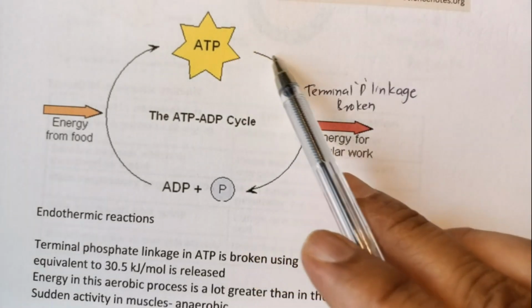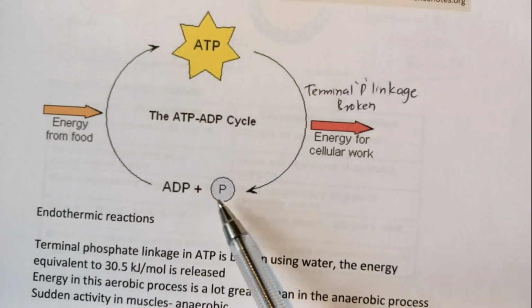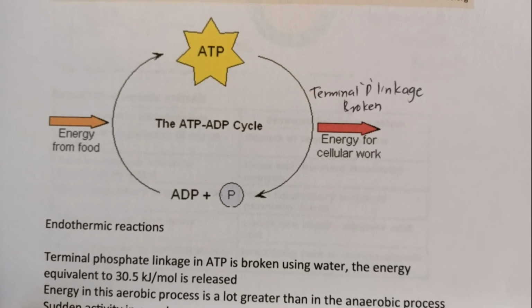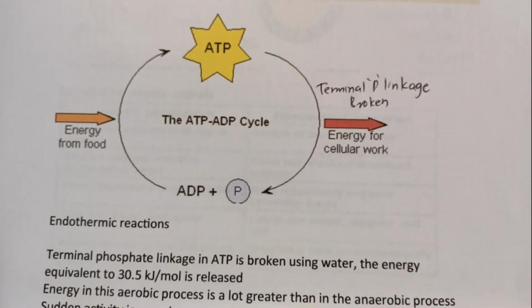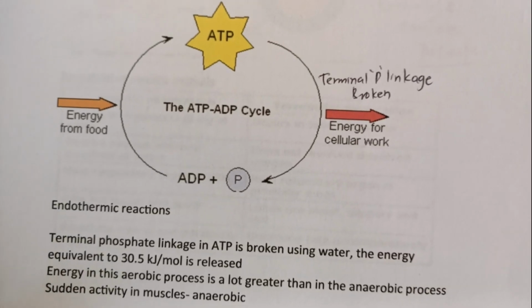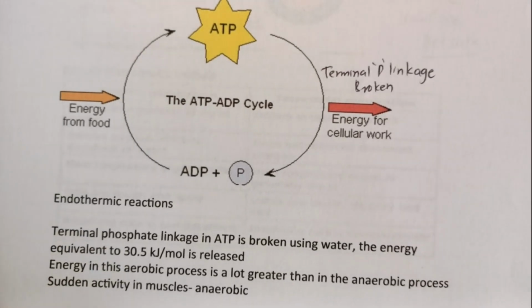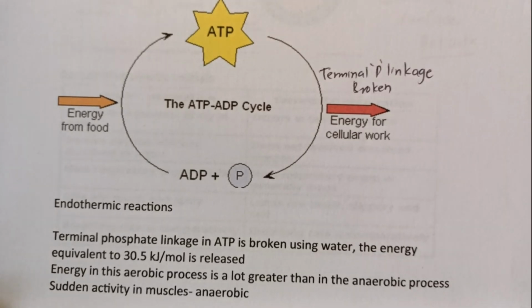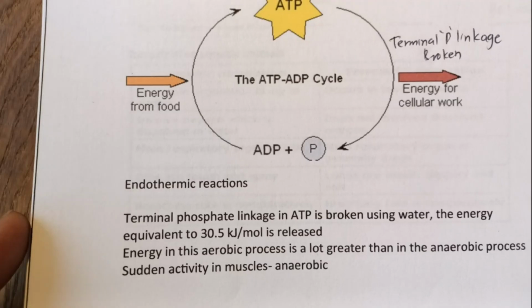And then ATP gets converted into ADP, and there is a release of phosphate. So this ATP breakdown releases energy, and that energy is used to drive the endothermic reactions that take place in the body of the organism.